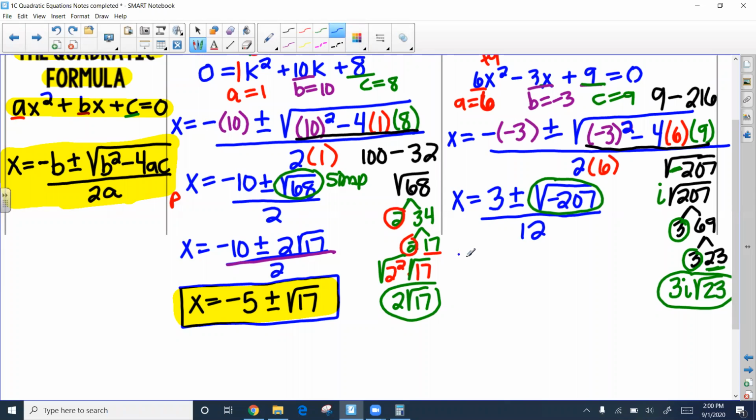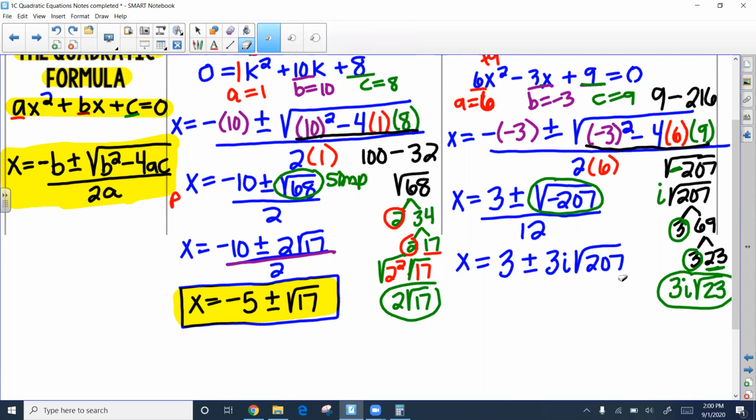Right, so I'm going to write what I have so far. 3 plus or minus 3i square root of, oh, I'm kidding, not 207 anymore, 23, over 12.